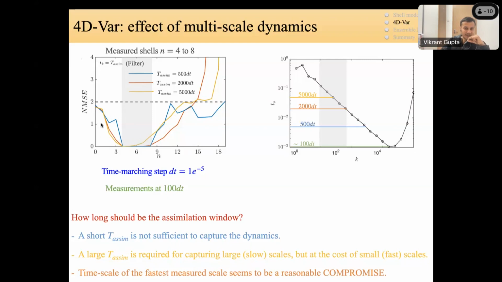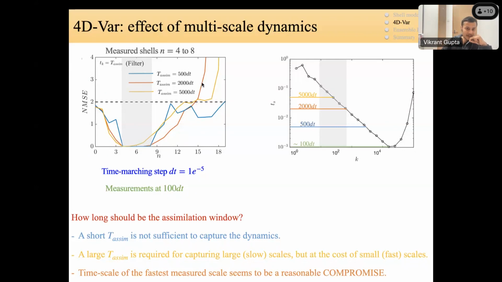So on the left hand side, I have the normalized mean square error on the vertical axis, and on the horizontal axis, I have the shell numbers. The dashed line at 2 here indicates the statistical reconstruction. So if the prediction fails completely, if it is only basically statistically correct, then the error should be 2.